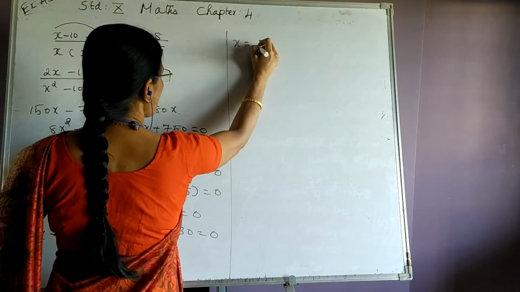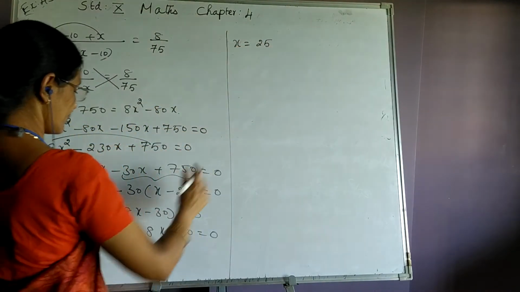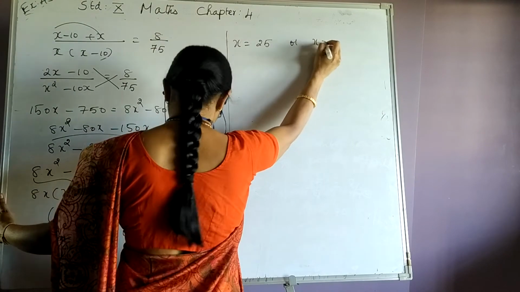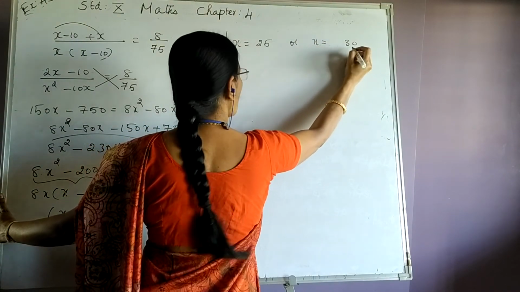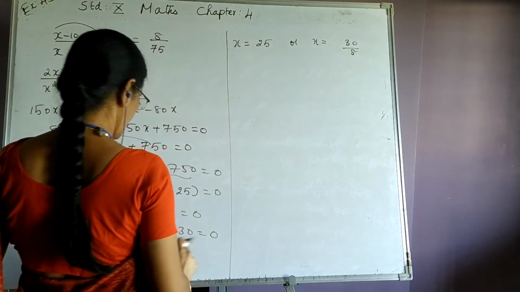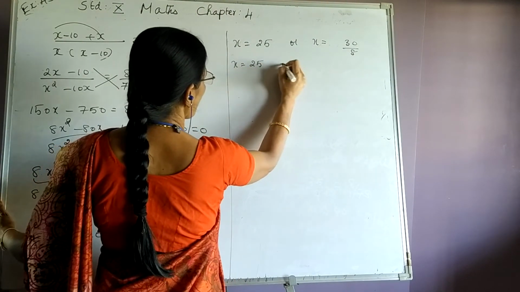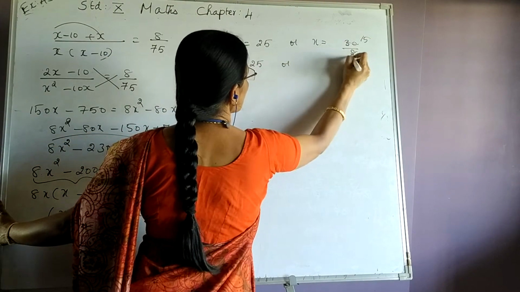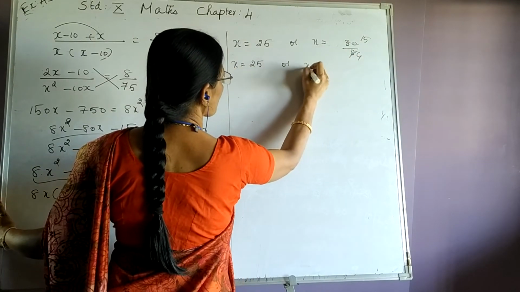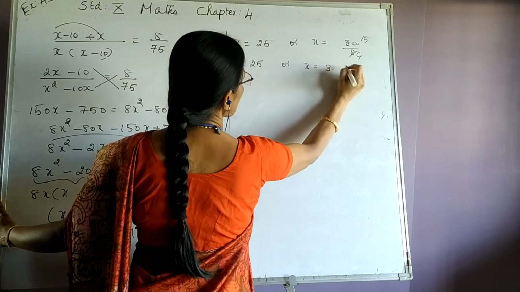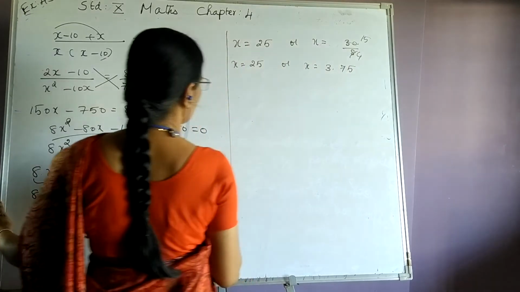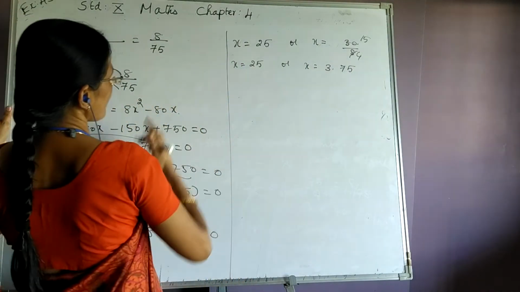So x is equal to 10 or x is equal to 3 upon 8. Okay. So we got the value of x.